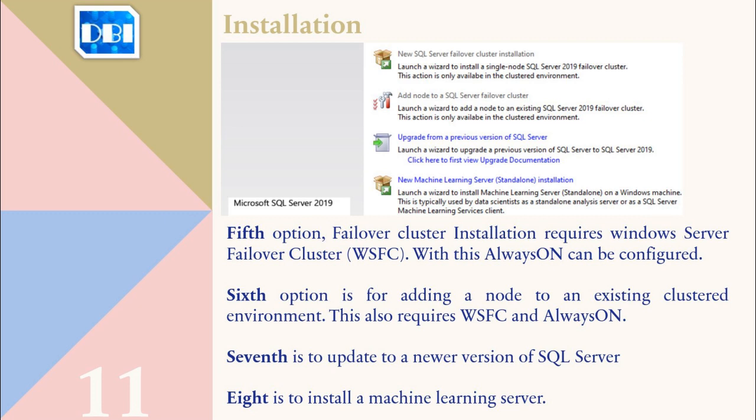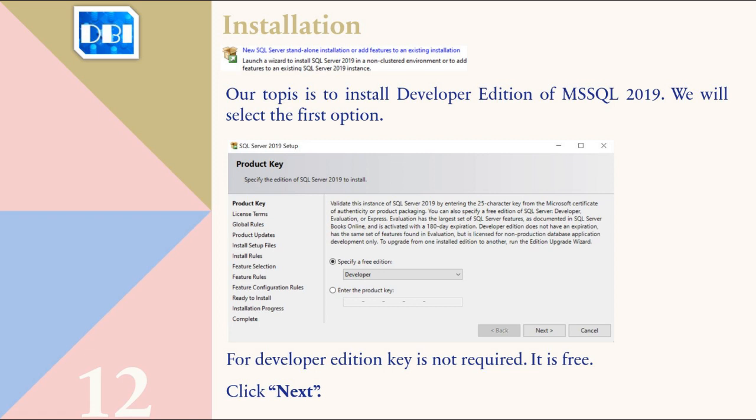Sixth option is for adding a node to an existing clustered environment. This also requires WSFC and Always On. Seventh is to update to a newer version of SQL Server. Eighth is to install a machine learning server. Ninth is to install Developer Edition of Microsoft SQL 2019. We will select the first option.